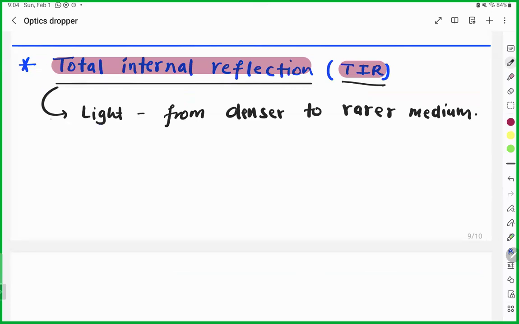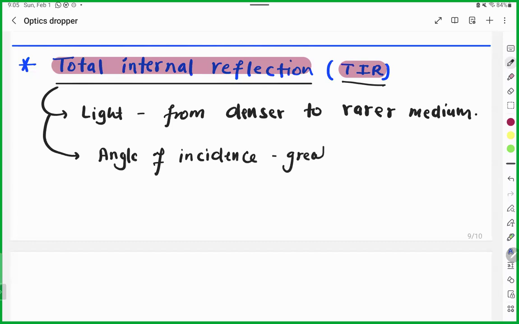And if the angle of incidence is greater than the critical angle, then the ray will be totally reflected into the denser medium.